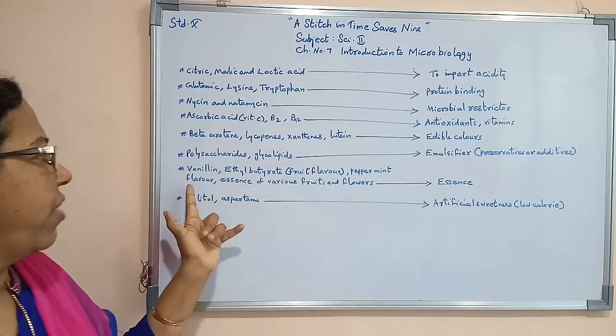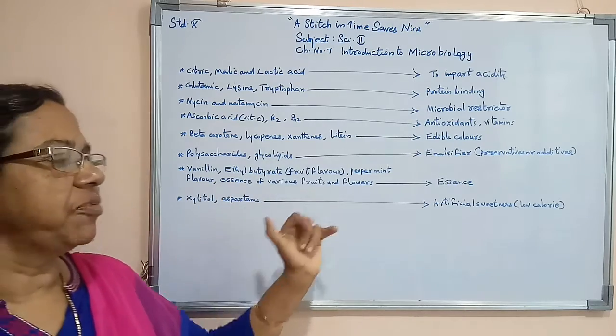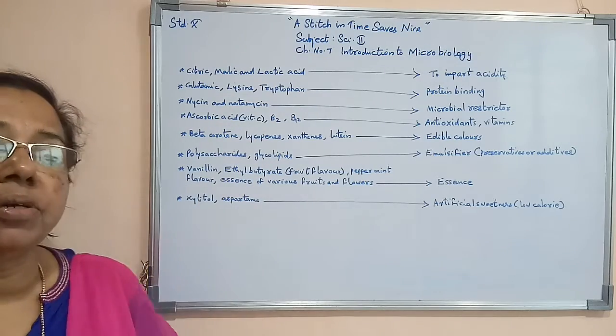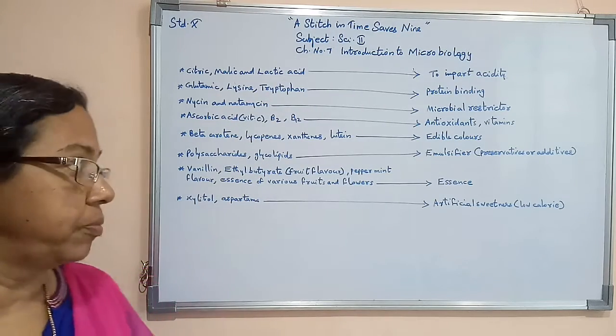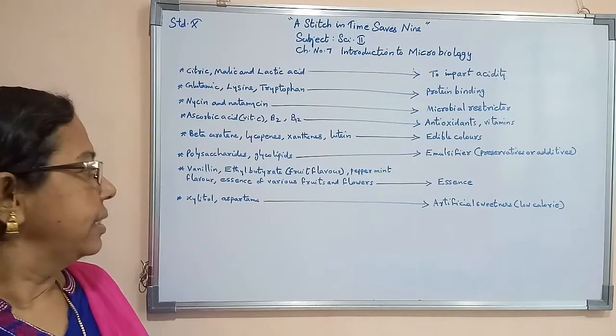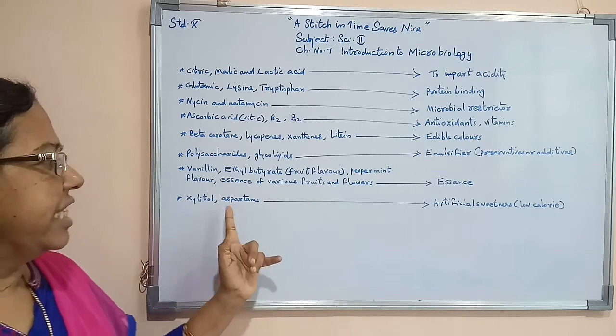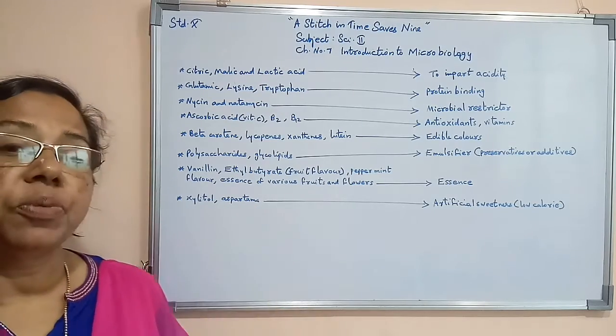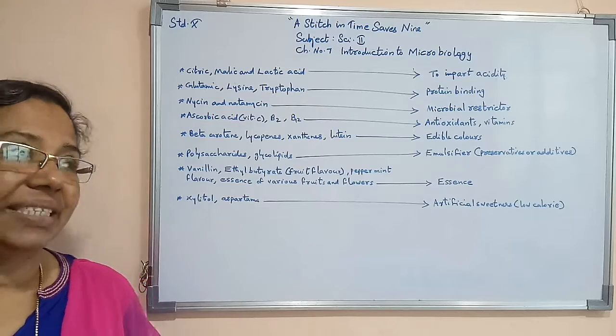Then peppermint flavor, and essence of various fruits and flavors. All these things are made because of the processing of microbes. Then xylitol as well as aspartame are also produced by microorganisms.